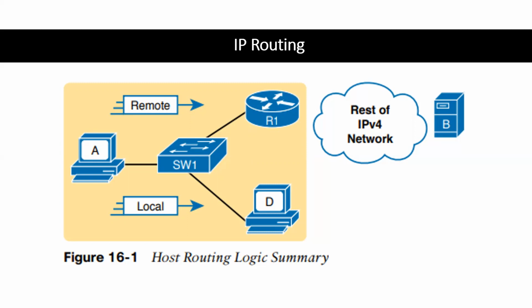If a host is trying to reach a destination that's not within the network, it's going to send it to its nearest router. If a host is trying to reach a destination that lives on the network, it's going to send it locally. That's the host routing logic. Very simple.